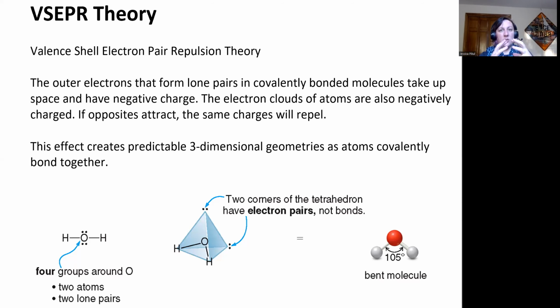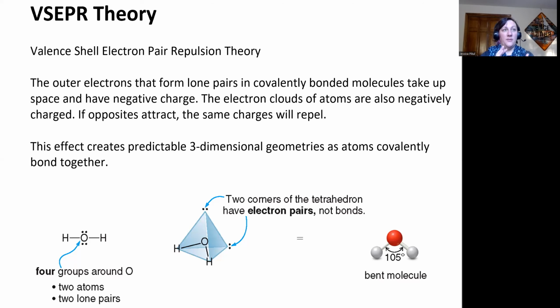And the idea is that they're going to try to get as far away from each other as absolutely possible. And so all of these things that are connected to a central atom through bonds, they're going to arrange themselves into a geometry that maximizes that distance from one another. And that makes them very predictable.